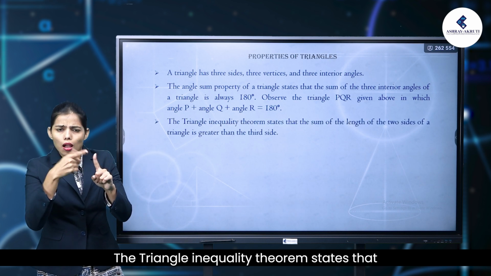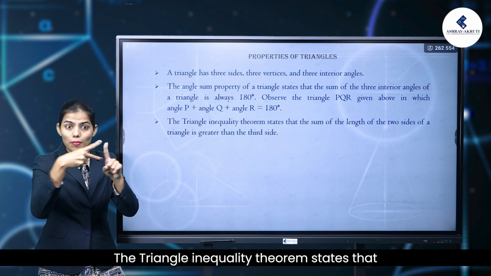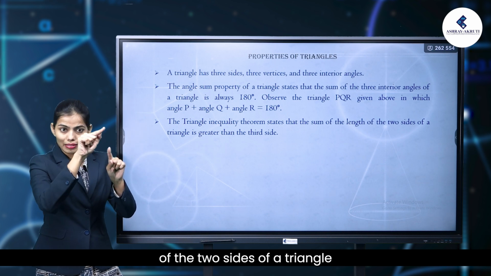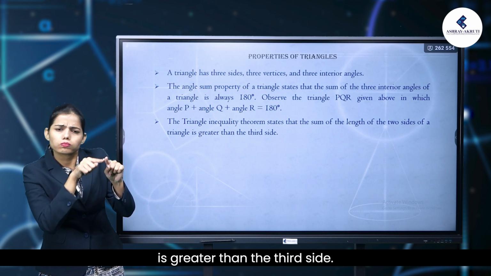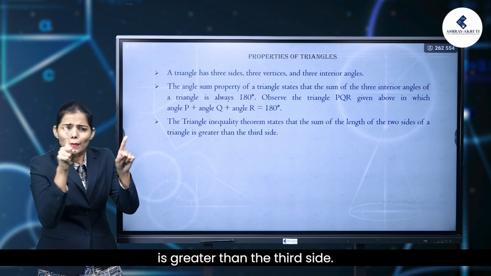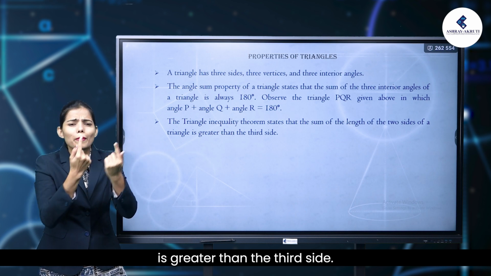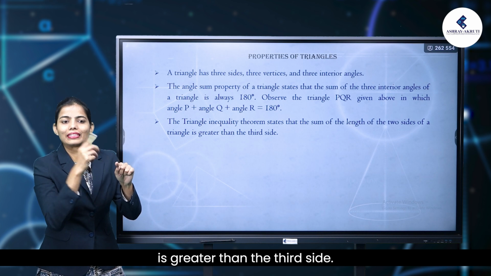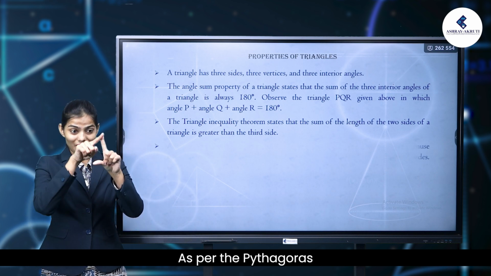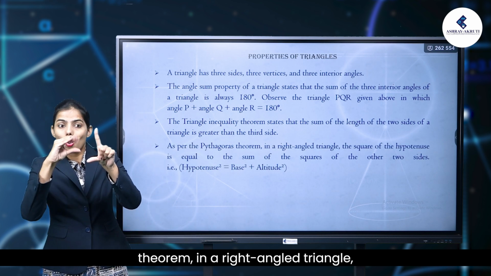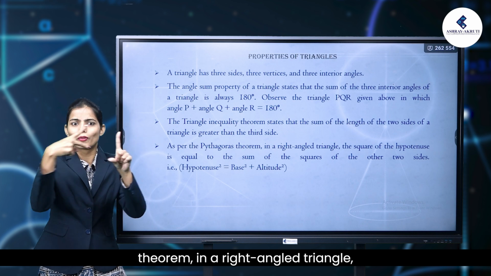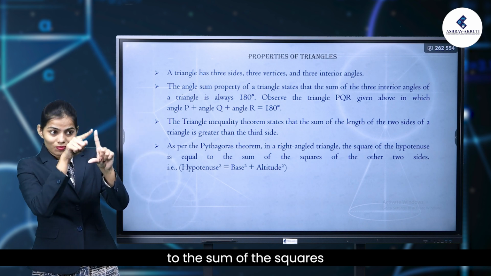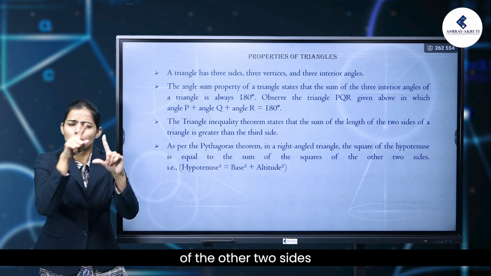The triangle inequality theorem states that the sum of the lengths of two sides of a triangle is greater than the third side. As per the Pythagoras theorem, in a right-angle triangle, the square of the hypotenuse is equal to the sum of the squares of the other two sides.